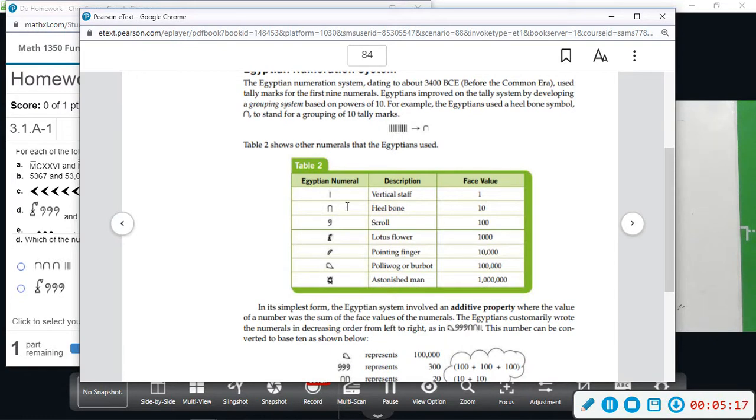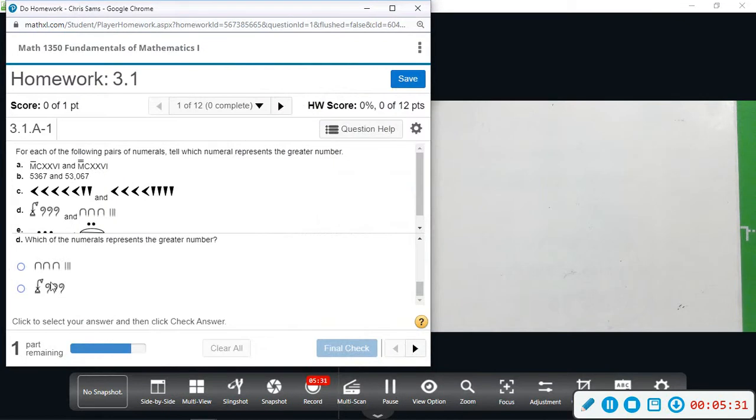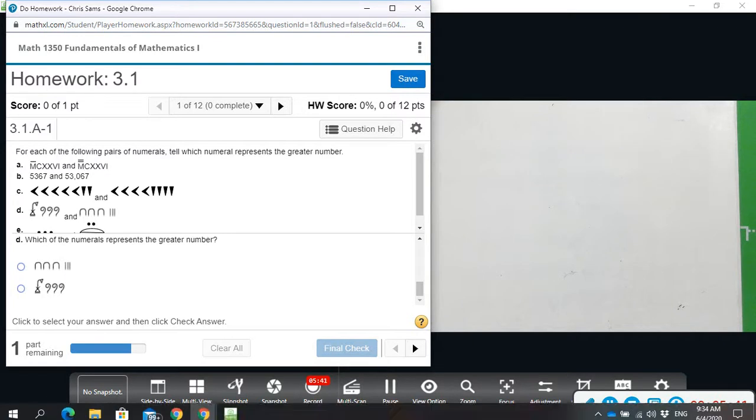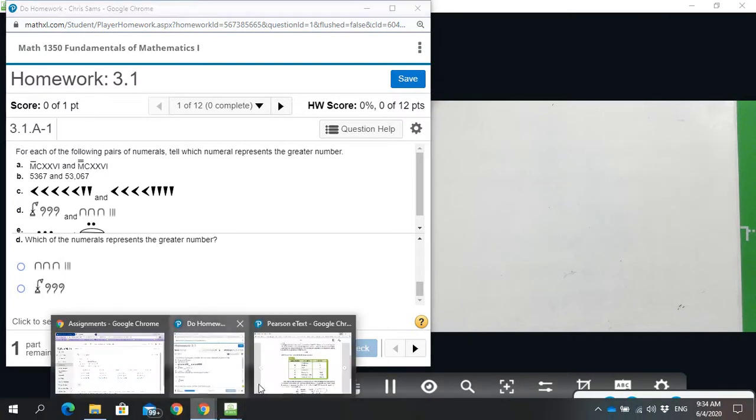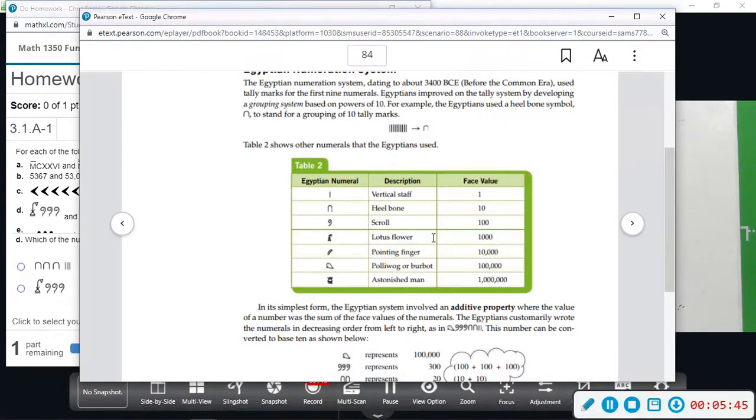So these little upside down U, they call it heel bone, those represent 10. And yeah, this lotus flower represents 1,000. So those are much bigger than the 10s, and then those are 100, the scrolls. Okay, so this 1,000 is going to be bigger than those 10s. However, there is a space, so you've got to be careful here. Let me go back and look one more time. You don't want to jump to conclusions.